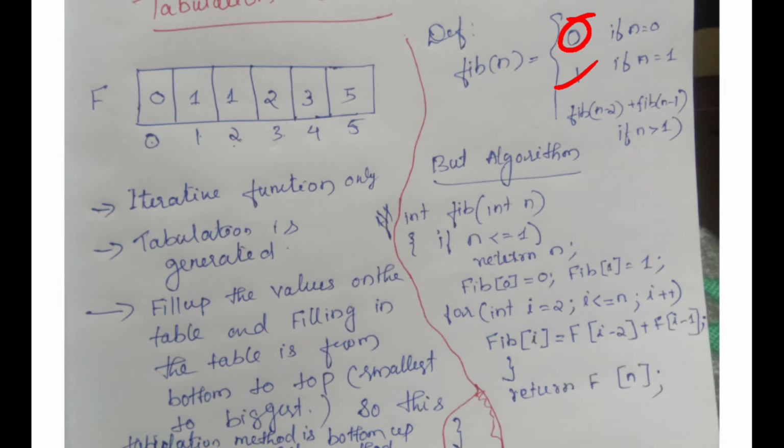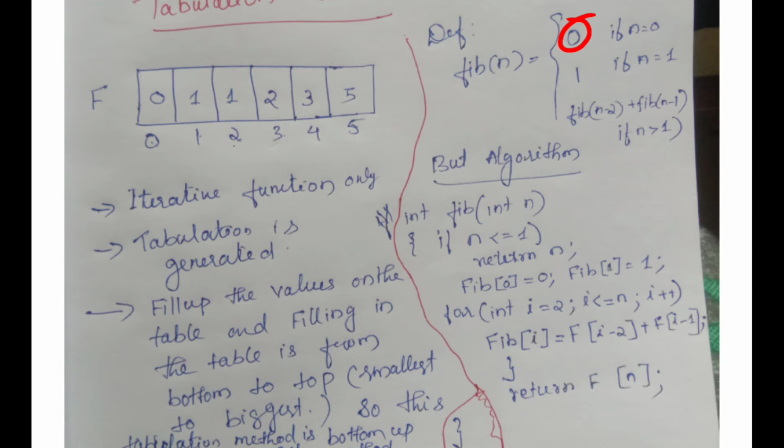Then how can we find the third value? Using the calculation: if n is greater than 1, then calculate fib of n minus 2 plus fib of n minus 1. Then we can get the nth term. So the same definition is used in the memoization and tabulation methods.